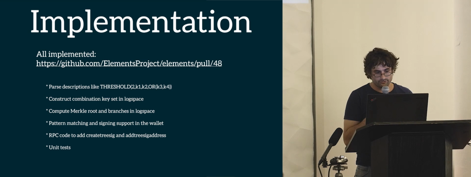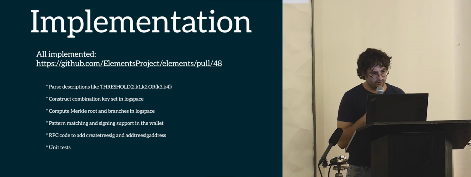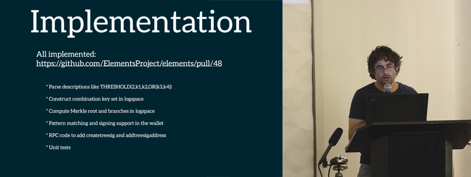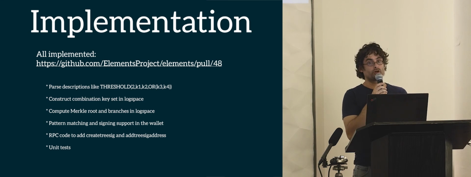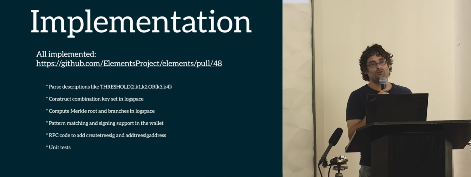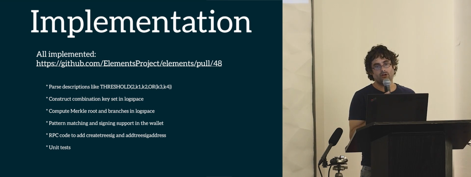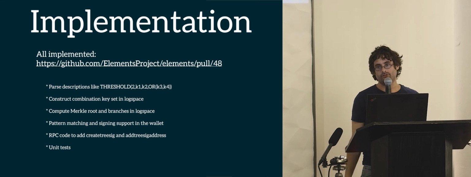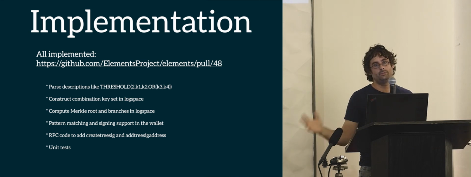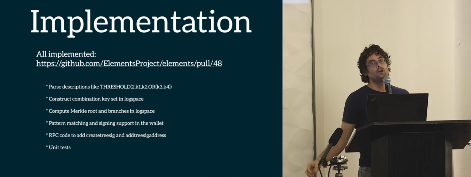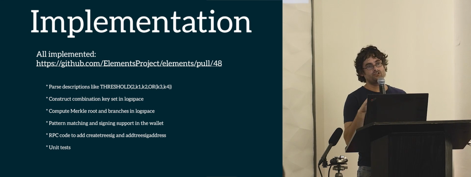A few interesting implementation details here are, all of it works in logarithmic space. So even if you construct a description that results in, let's say, 1 million or 1 billion combinations, those billion combinations are actually never fully materialized in memory.